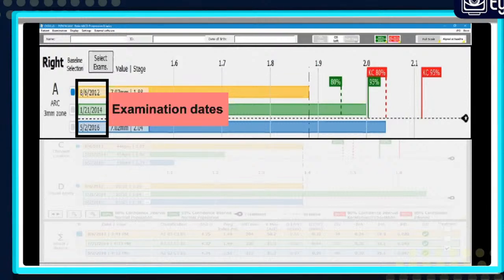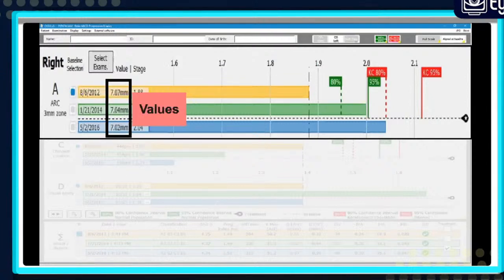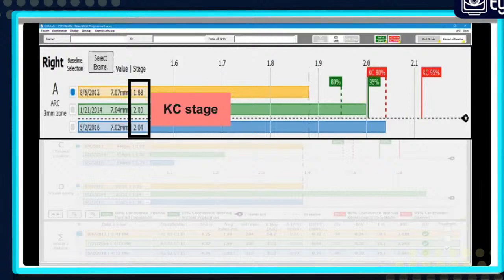So it's shown in different colors so that you can clearly distinguish them, and you can have up to 8 examinations per parameter. You'll also see here the values per examination and the stage of your keratoconus. So here in this example, the anterior surface, which is A, is graded as stage 2.